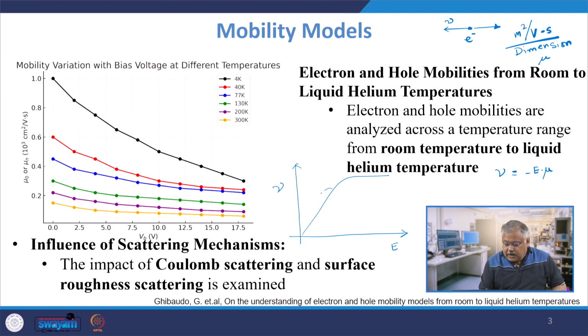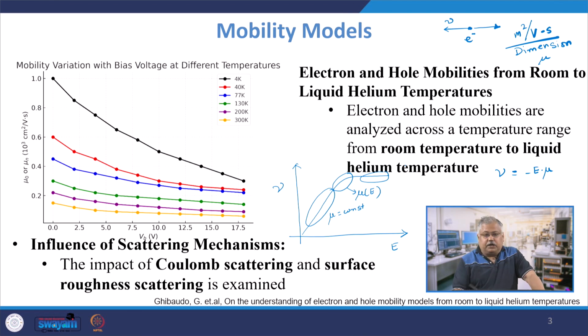In the linear region the mobility is constant, independent of electric field. In the next region the mobility is field dependent, and where velocity saturation takes place, the velocity is constant. We will go one by one and explain what these regions are.